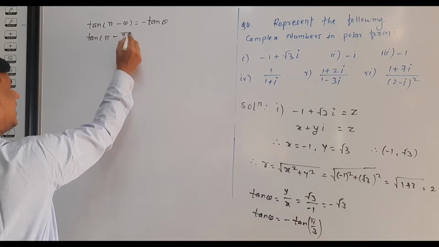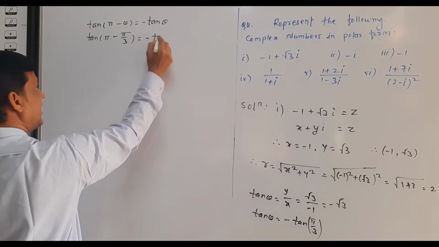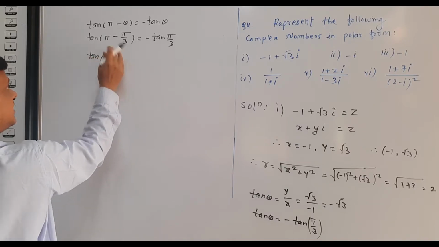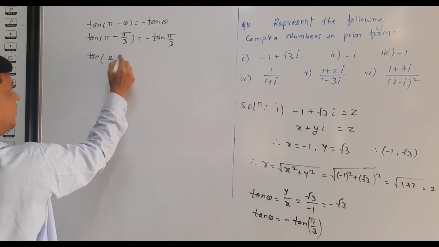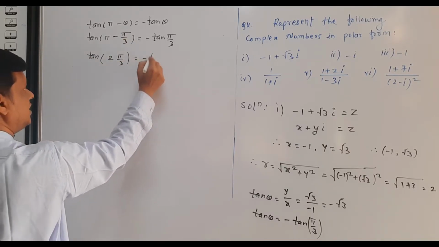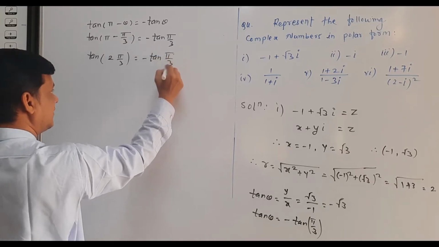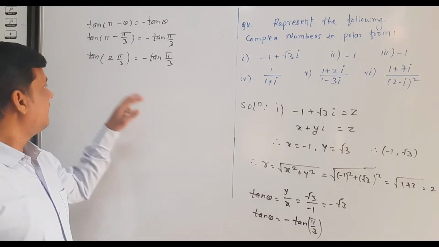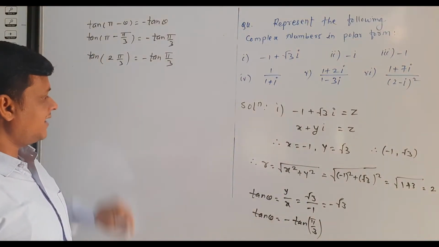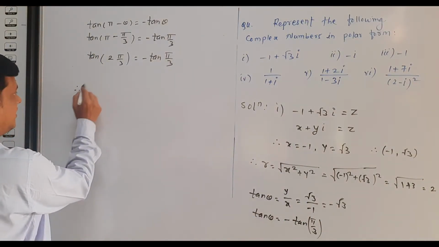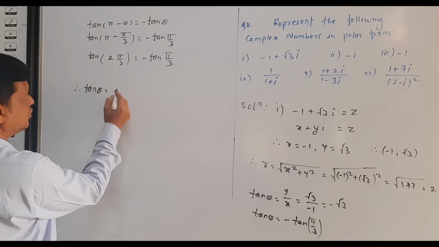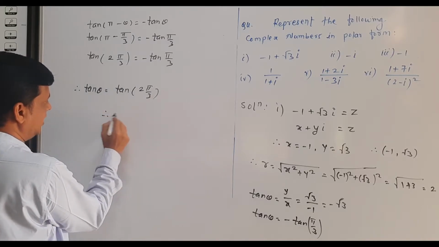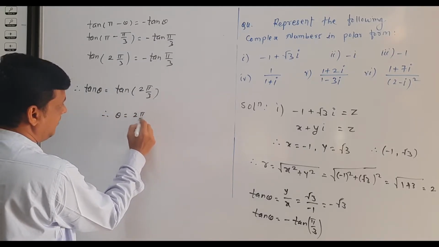So tan of pi minus pi by 3 equals minus tan pi by 3. So we write this as 3 pi minus pi, that is 2 pi by 3, which equals minus tan pi by 3. Now we replace this minus tan pi by 3 by tan 2 pi by 3. So we write tan theta equals tan 2 pi by 3. Therefore theta equals 2 pi by 3.